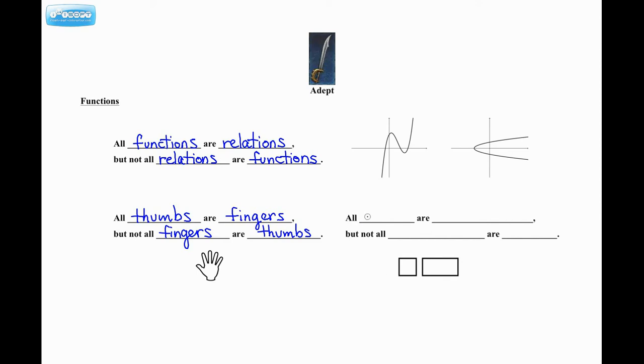So all squares are rectangles, but of course, not all rectangles are squares. So you can think of these two as half-decent analogies of a function versus just a plain relation.